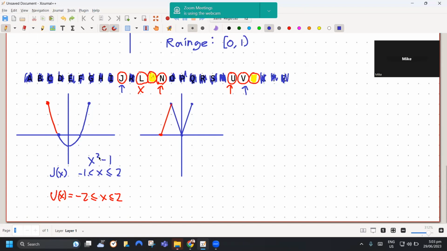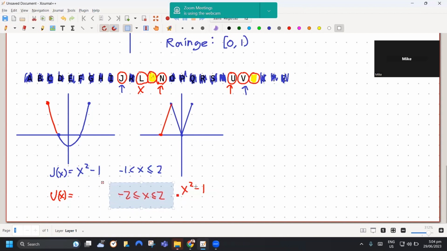Rewrite. Hindi maayos yung pagkakasulat mo ng piecewise form. Tapos yung U, okay.